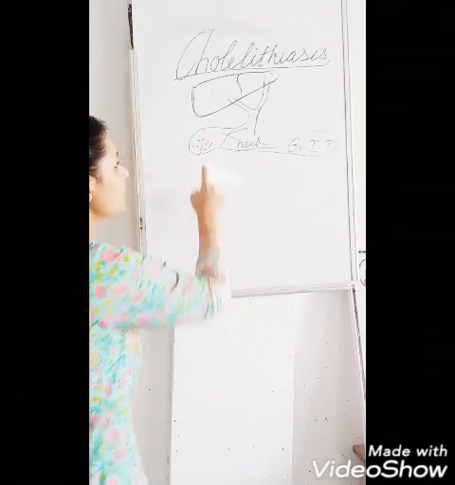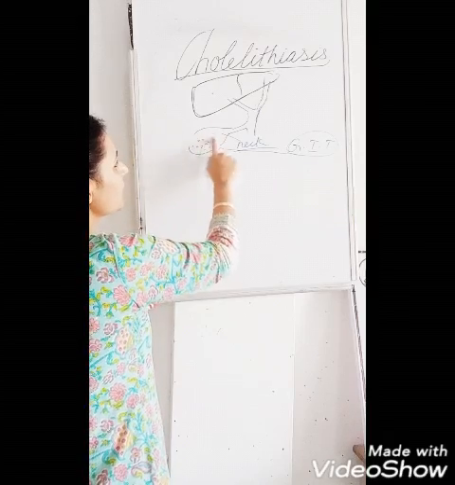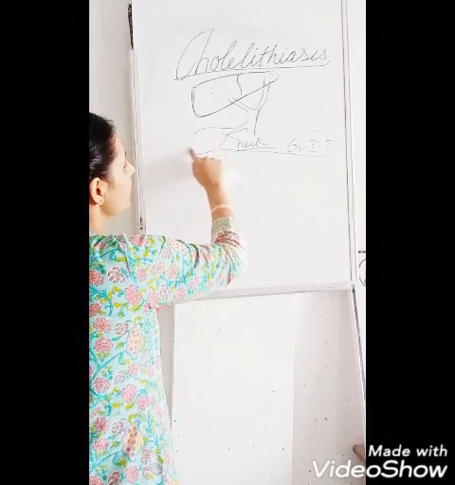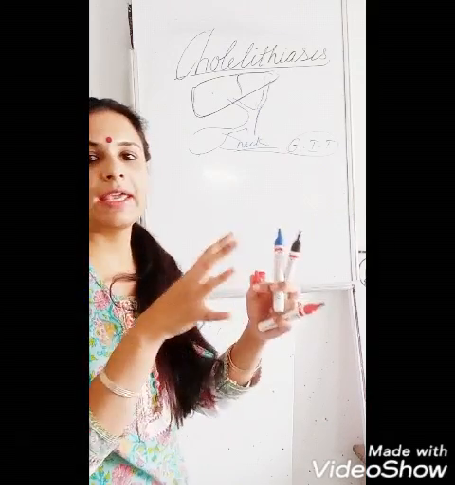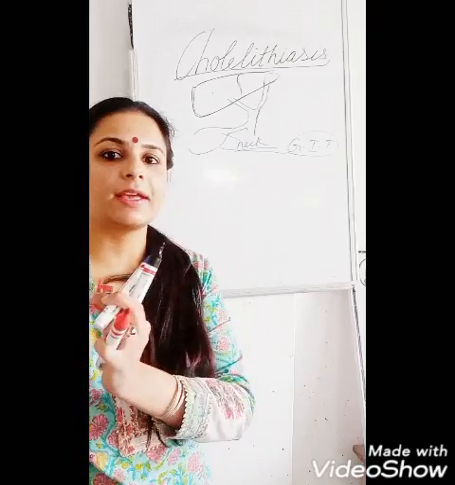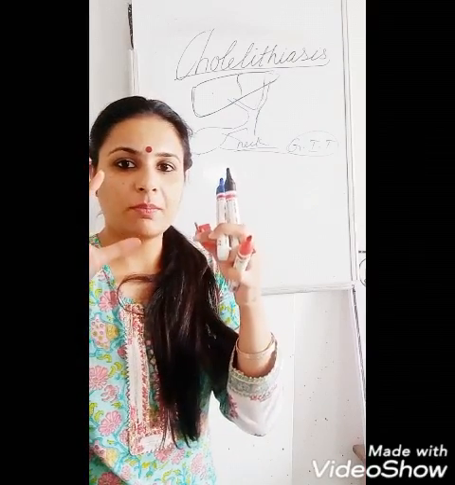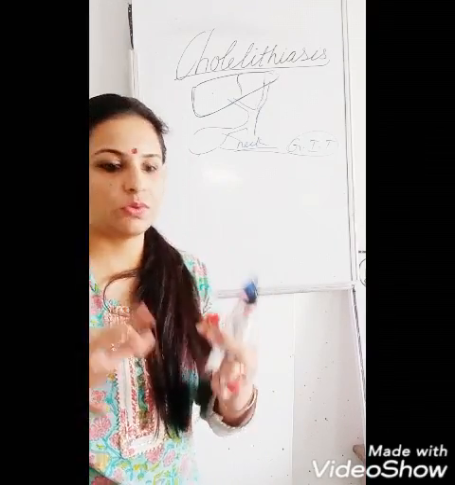So the bile will be sluggish, bile will be stationary here. So when bile gets stationed here and does not move, then that accumulated bile that is not getting excreted will form stones.